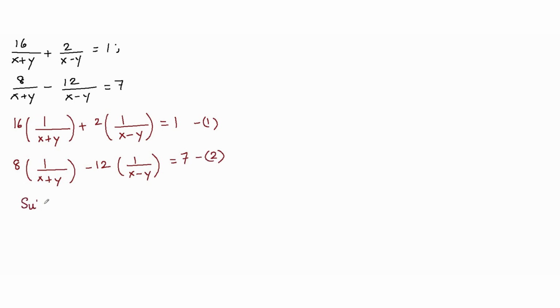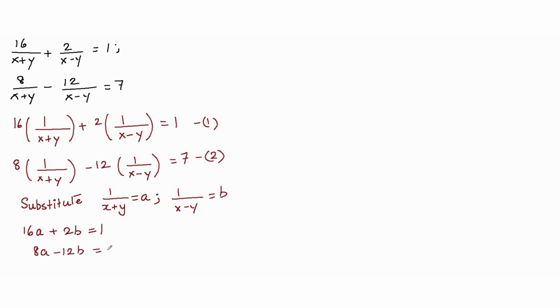Now I am going to substitute 1 by x plus y as A and 1 by x minus y as B. So what I get is 16A plus 2B is equal to 1 and 8A minus 12B is equal to 7.